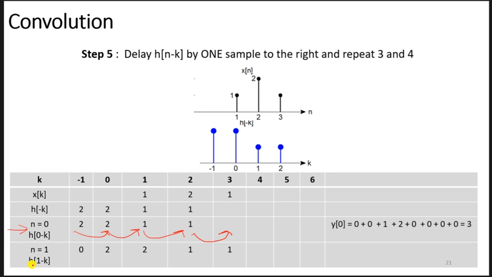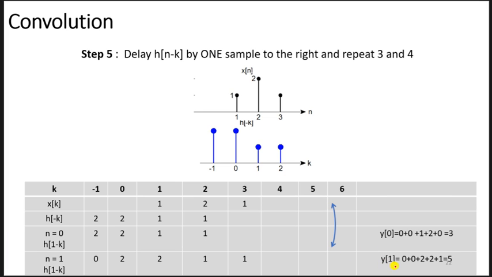So this is H1 minus K. Alright, so after shifting, write it like this. Write here, shifted by one, and you write this as Y1. Okay, multiply, same as before.